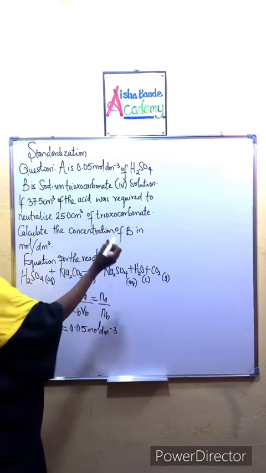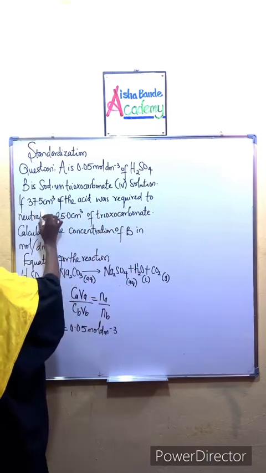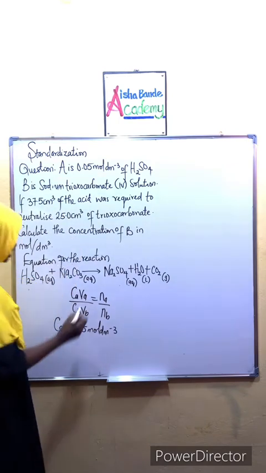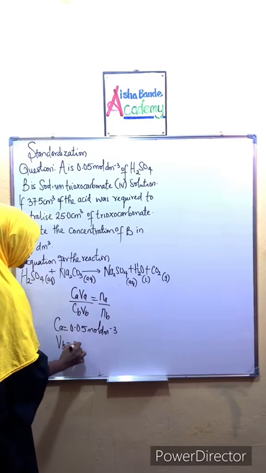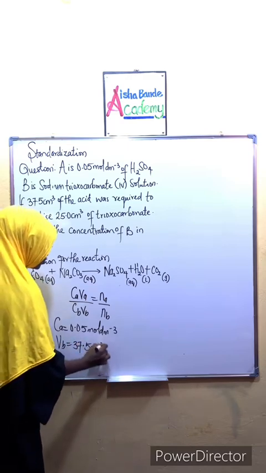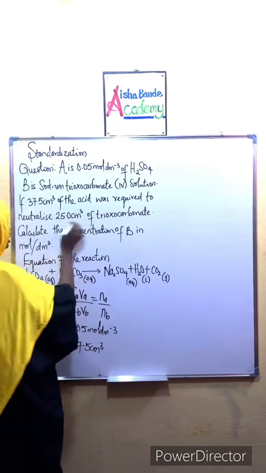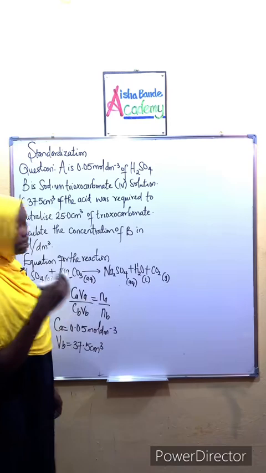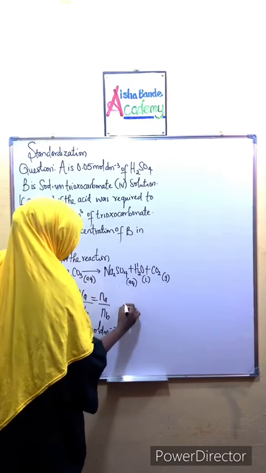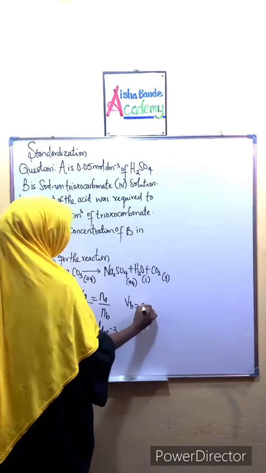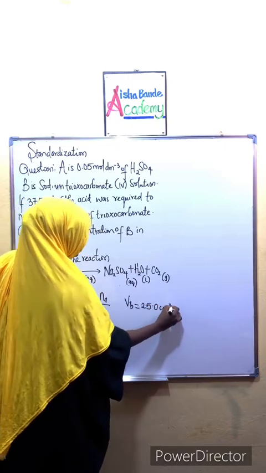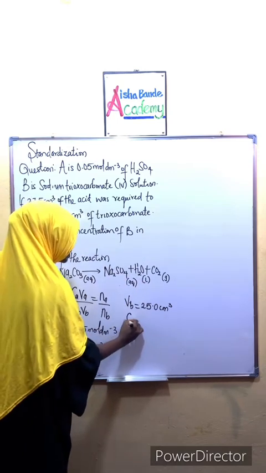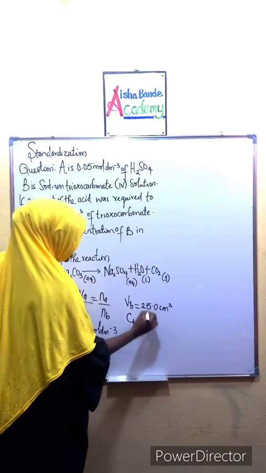Now it says that 37.5 centimeter cube of the acid, that's the volume for acid, which is 37.5 centimeter cube, was required to neutralize 25.0 centimeter cube of trioxocarbonate. Trioxocarbonate here is the base. So what this means is that the VB, that's the volume for the base, is 25.0 centimeter cube. We have to calculate the concentration of B. That means we are looking for CB, the concentration of the base, which is the unknown.